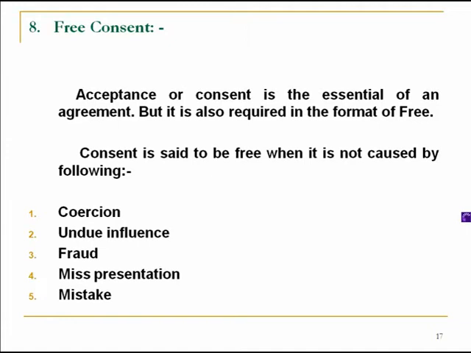So now try to understand the meaning of coercion. If you have taken the consent of the other party by some physical pressure or threats to him, then it is not free consent. Undue influence is when, in the deal, one party has the power to influence the other party according to his opinion. Third, if one person has made an intentional false statement to the other person to get his consent, it is known as fraud. Next, when one person has made a mistake by chance, not with intention, it is known as misrepresentation.